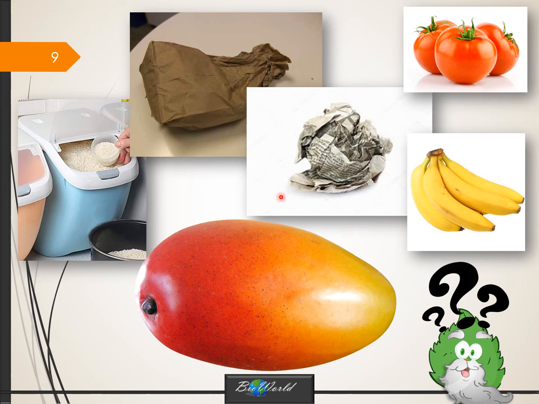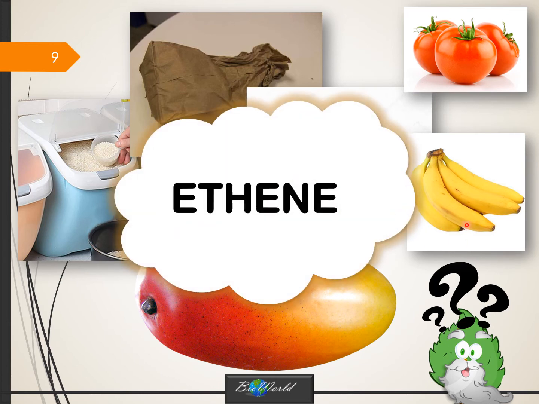Now, the reason is because in the case of ripe mango, ripe tomato, and ripe banana, they release a gas known as ethane. And this gas turns out to be a hormone, which helps to ripen the fruit. Now, use of paper bag and newspaper is not that they release ethane.